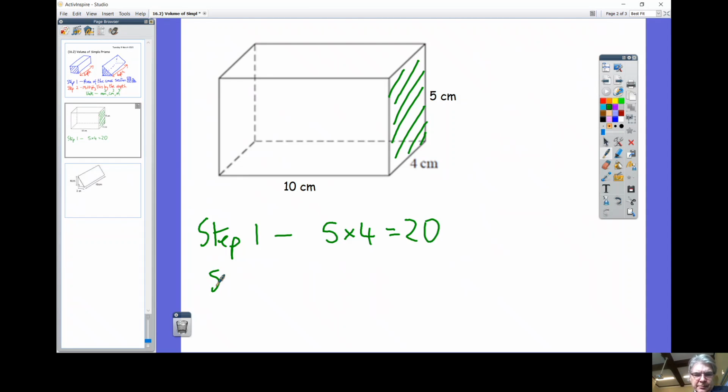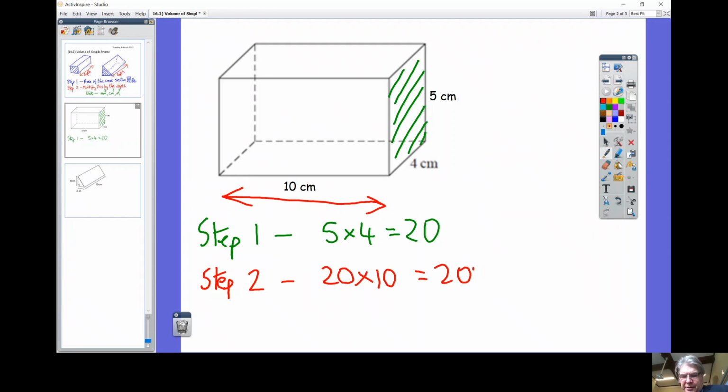And then step two, I take my 20 and I multiply it by the depth of the prism, which is 10. So that gives me 200. And my units, centimetres cubed. Very good.